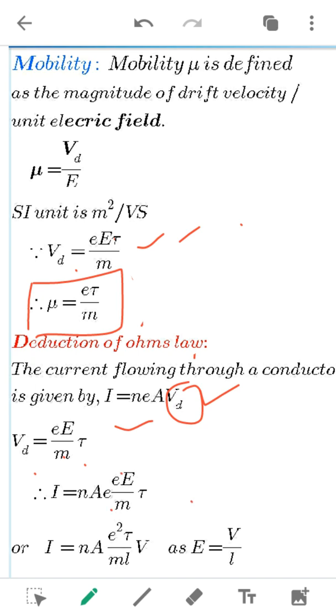So we get I equal to n A e square tau by m. And for E we will substitute E equal to V by L. So we got this relation, I equal to n A e square tau by m L into V.